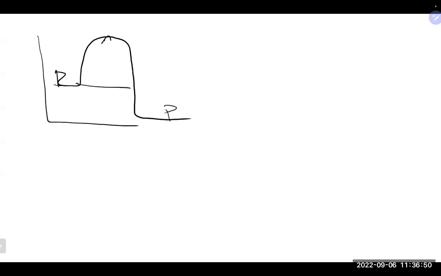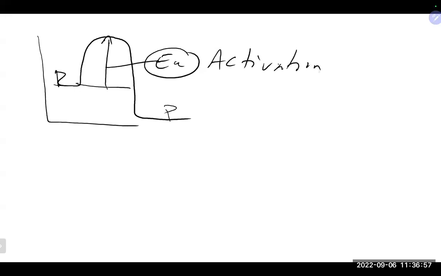There is a certain hill that has to be climbed, which is the activation energy, which is the minimum amount of energy required for a reaction to take place. How tall that hill is has a lot to do with how fast or slow a reaction will take place. If you have a really big activation energy, that typically means you will probably have a slower reaction, because there will be a smaller proportion of molecules that have enough energy to get up and over to the other side.